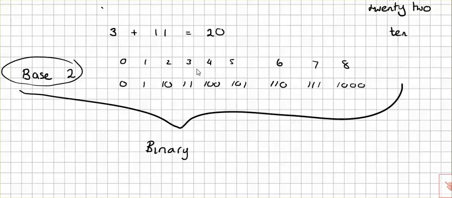Now the thing is, binary has been very useful for computers because if we can write numbers as a series of 1s and 0s, basically 1s and 0s to a computer mean on or off. Right? There is no half on, half off. So a computer works with on and off.